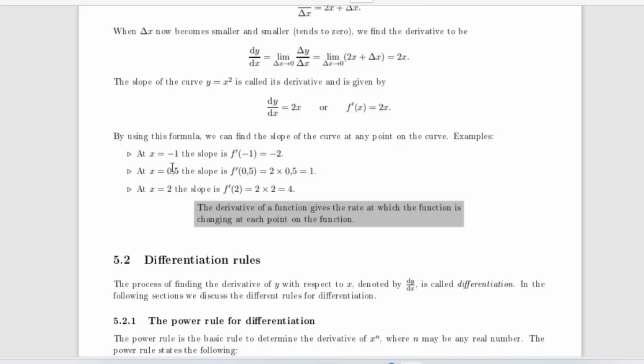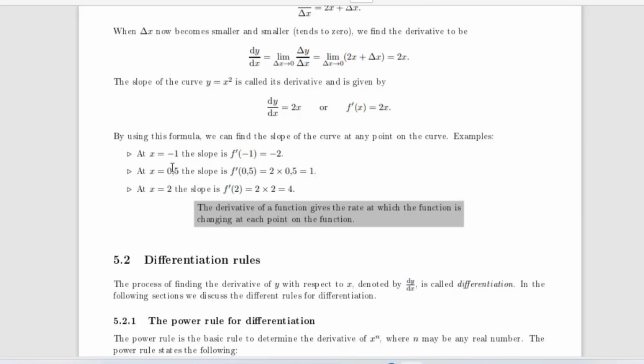The original is y equals x squared, and the derivative of y equals x squared is 2x. Do we agree, Michelle? Yes, sir.